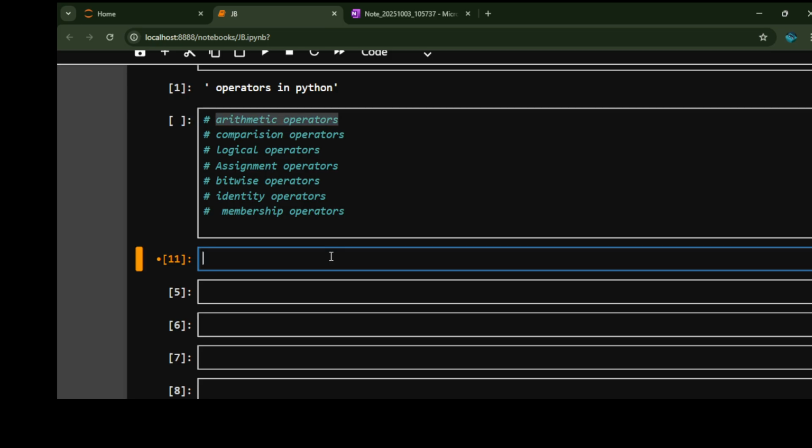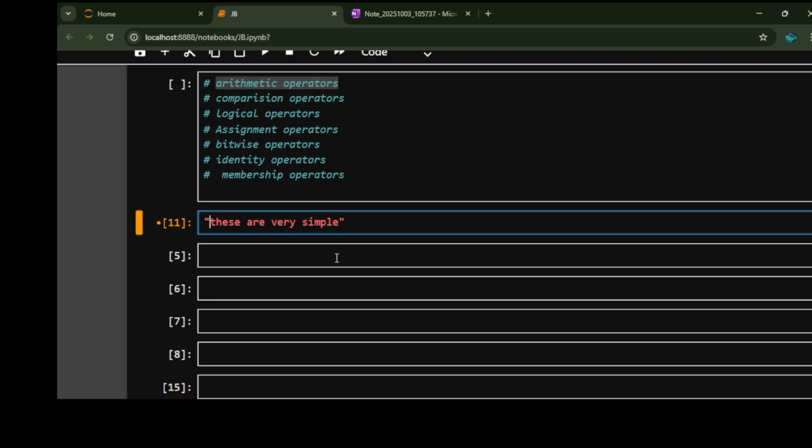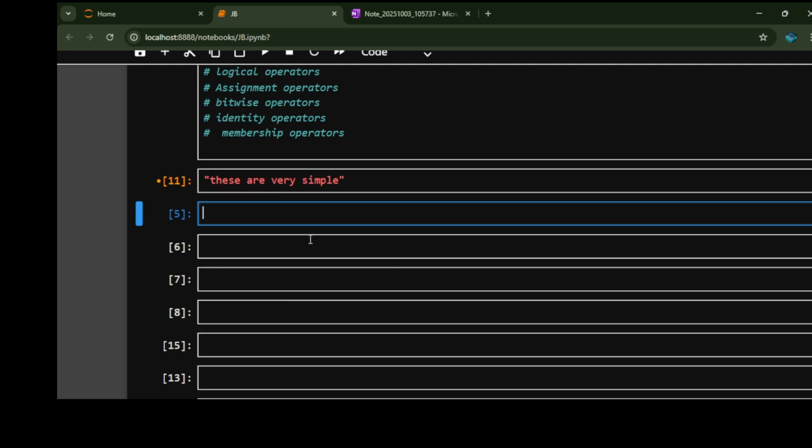These are very simple, which you already know, which you have already studied in your school time. The first example is addition operator. What is that? Let us take two variables a and b.